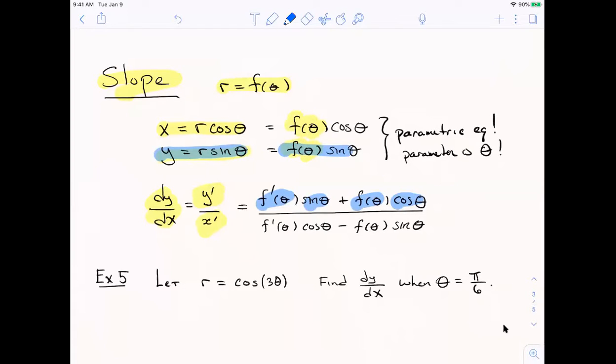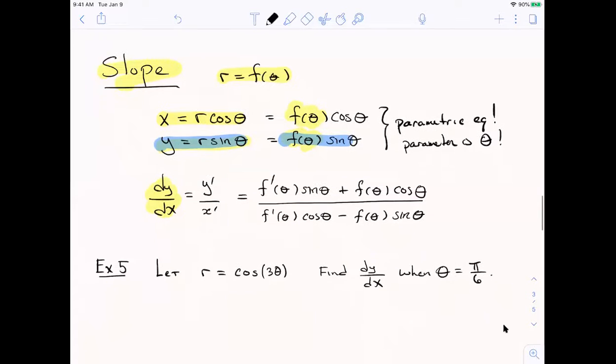Same thing, x prime, take derivative of f, cosine untouched, then leave f alone. Derivative of cosine is minus sine. So I changed the plus to a minus. So there's a formula. I don't want to look at these colors when I'm using the formula, so I'm going to get rid of them. That's how you compute the derivative, dy dx, the slope.